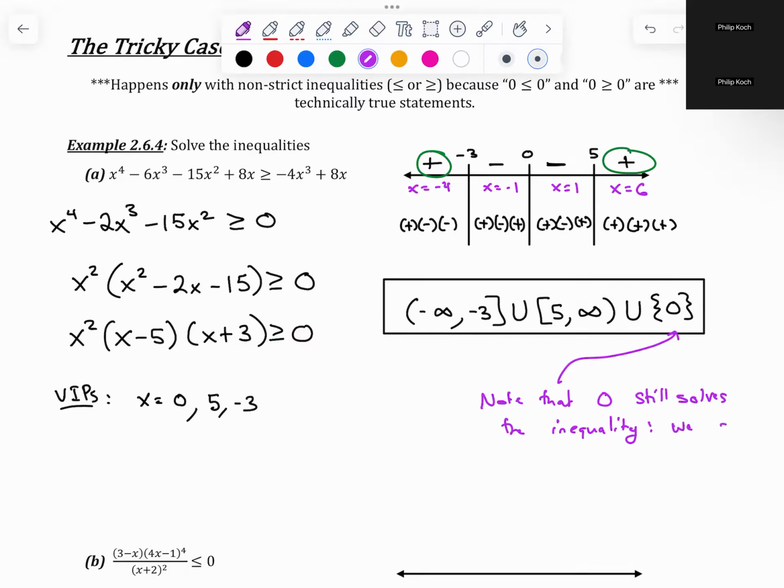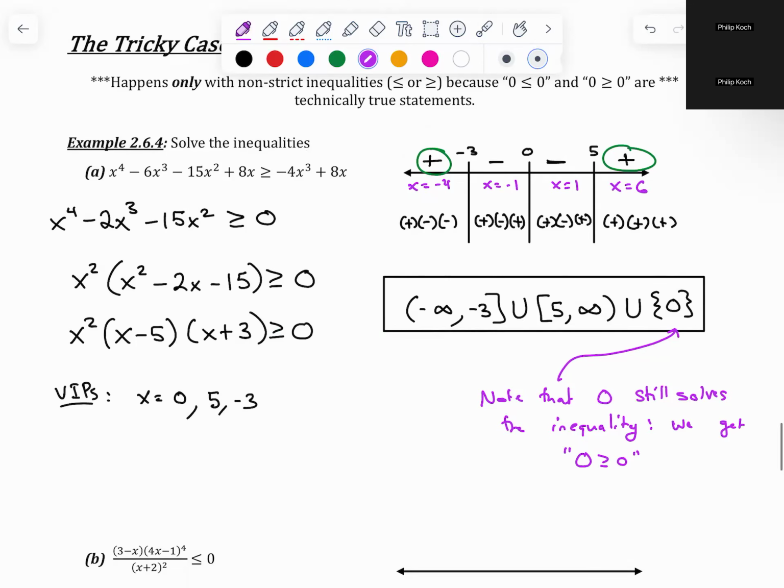We get 0 is greater than or equal to 0. So when you plug in 0 into the inequality, you get 0 on the left side, you get 0 on the right-hand side, and you have a true statement. So even though the intervals don't work, the 0 still does. And that's because this is a non-strict inequality.